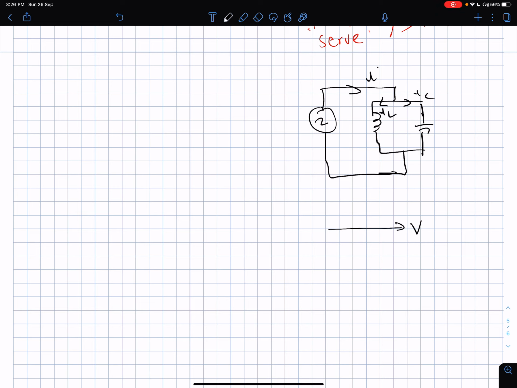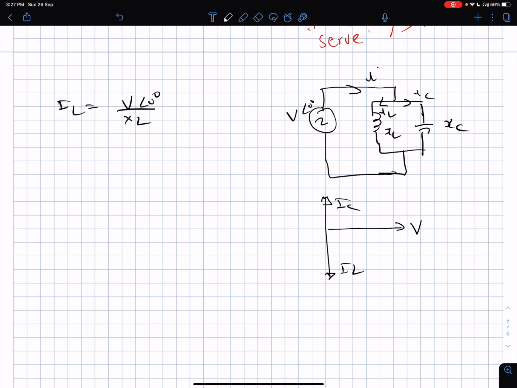The reference is the same because the same voltage is applied across both the inductor and the capacitor in the parallel circuit. IL is this and IC is this. So the phasor value of IL, with V at angle 0, is V angle 0 by XL, the inductive reactance, and XC is the capacitive reactance.